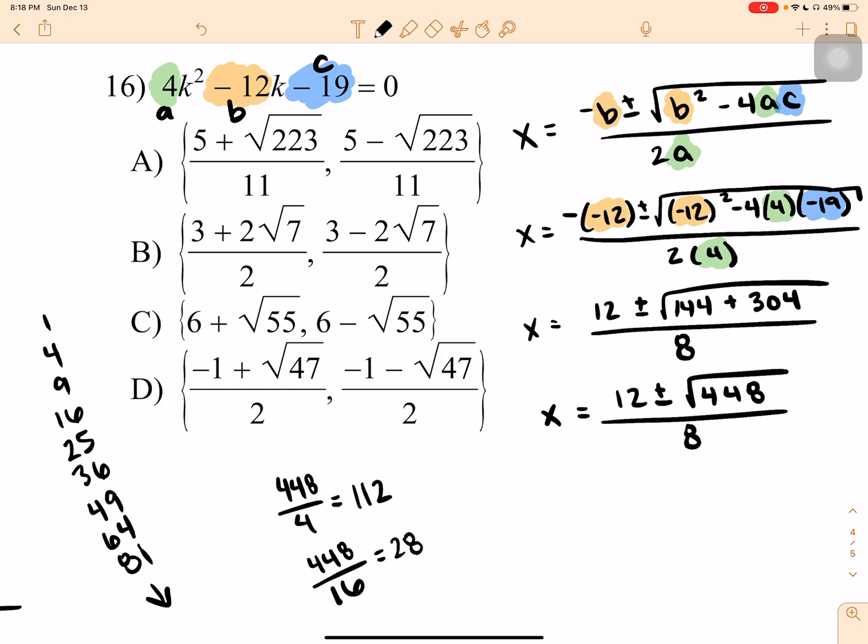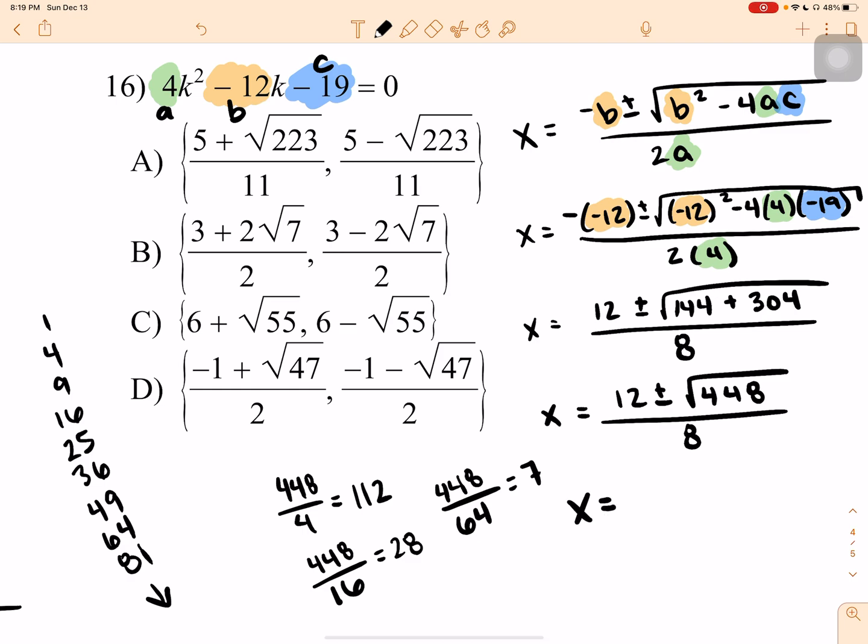But then I realize 28 is also divisible by 4. So now I'm going to go even a step further and multiply the 16 by 4 and see, is 448 divisible by 64? If I try 448 divided by 64, I get 7. So here's what I mean by that.